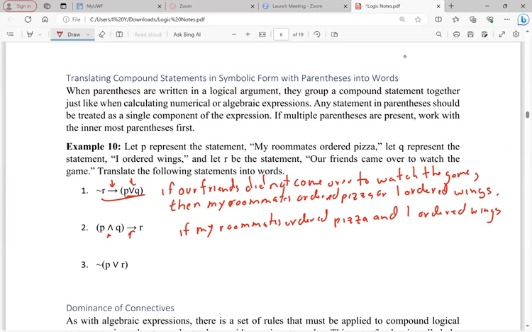And again, we're going to separate that with the comma. Then our friends came over to watch the game.